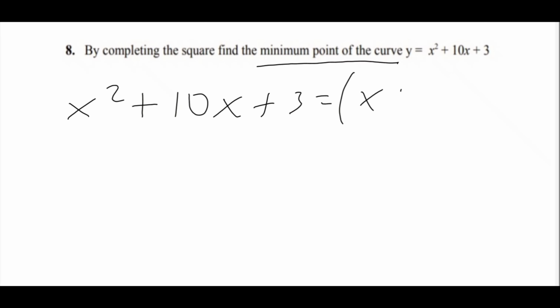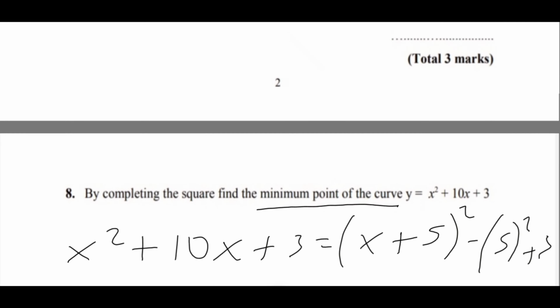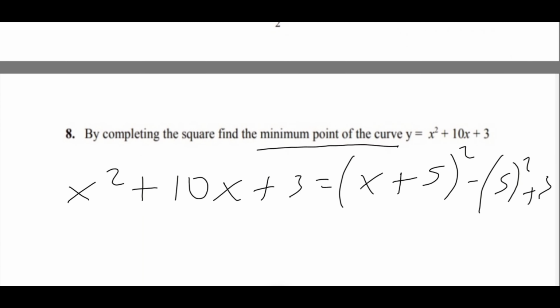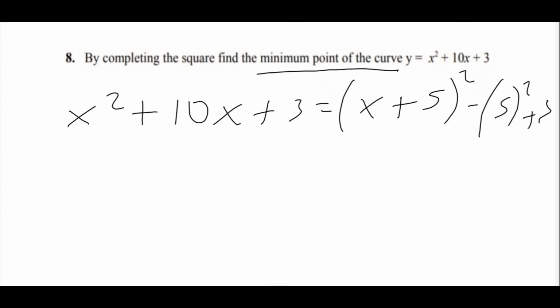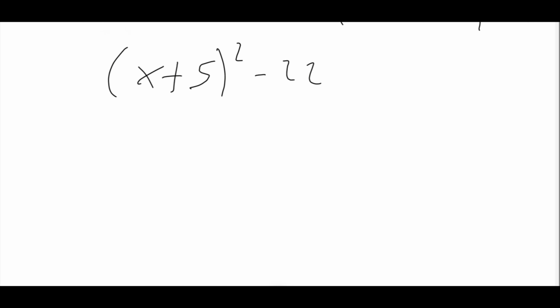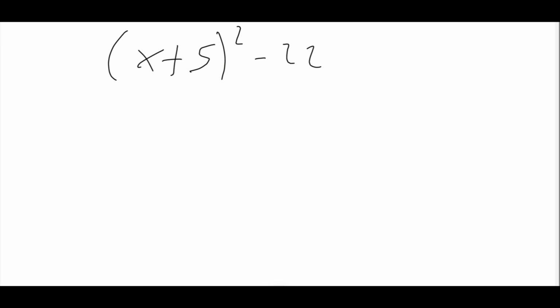And as I mentioned earlier, the final form actually finds the coordinates of the minimum point of this curve. And you guys will see how this is represented graphically. So we'll have (x + 5)² − 22. And then we can draw the graph.